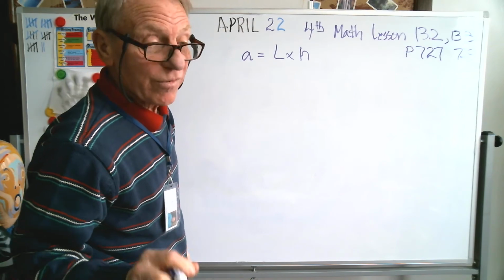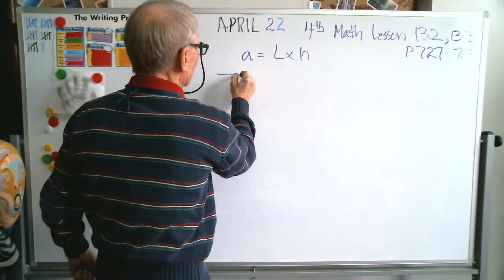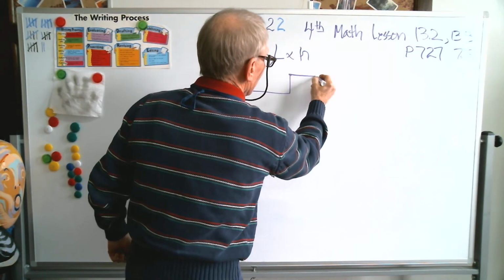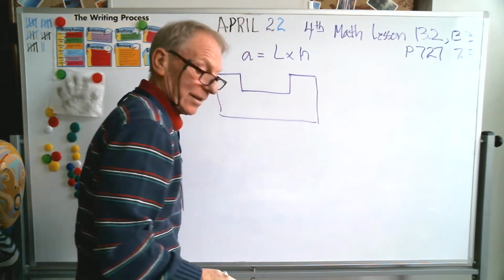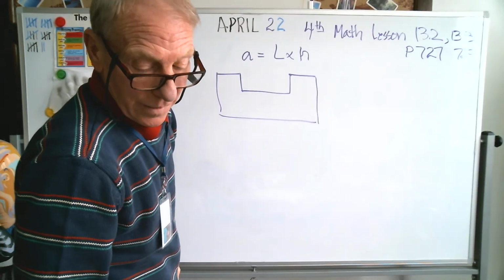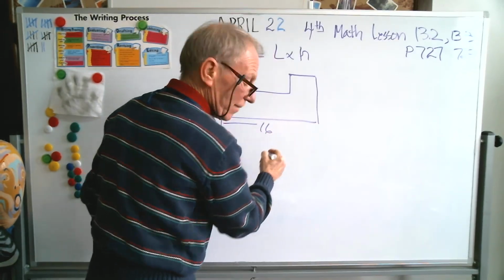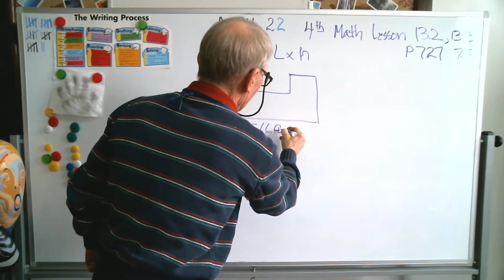I'm going to do number 4 too, because I just got a feeling that that one's going to screw you up. Only because this problem offers a different challenge. Our dimensions are 16, and we're talking feet in this model.